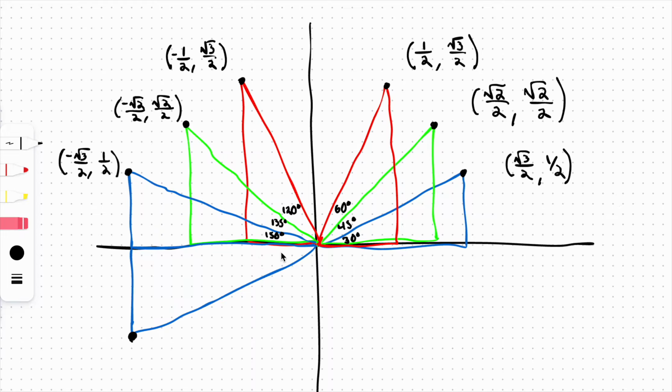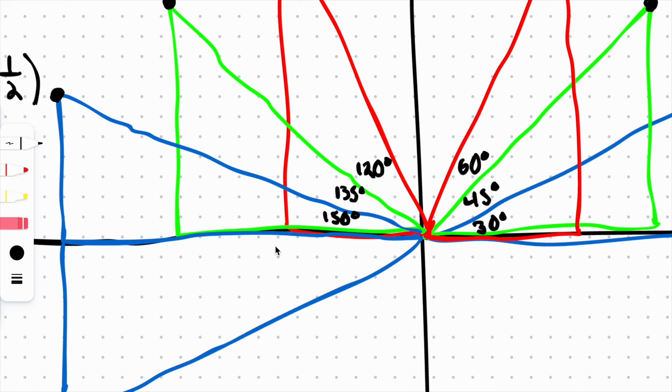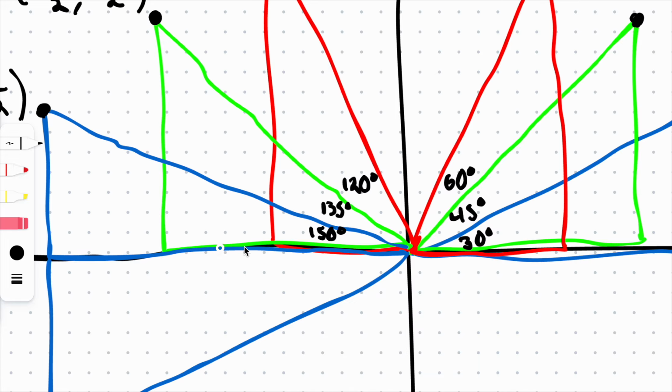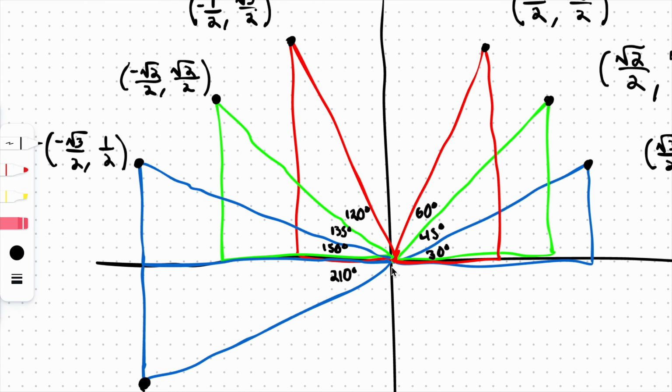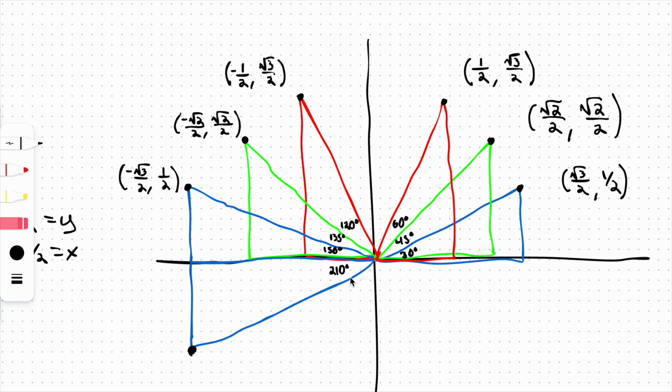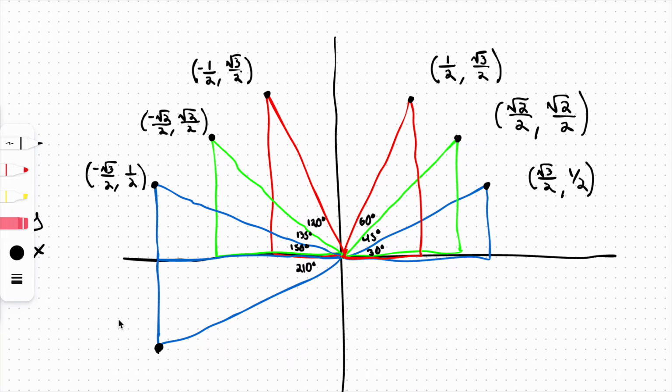Okay? And so now let's think about our angle. So this is 180, and we've gone 30 degrees more, right? This angle right here is 30. So 180 plus 30 would just be 210. 210 degrees. Perfect. Now, let's think. Right here, we had negative root 3 over 2 and 1/2 as our coordinates for this point.